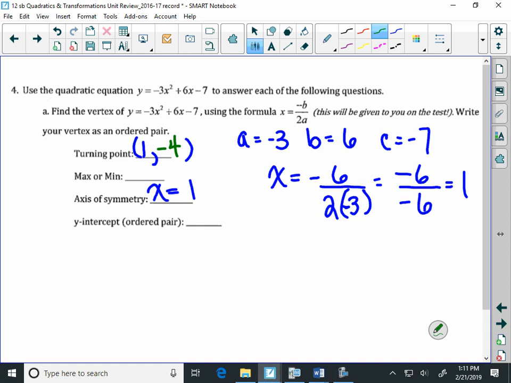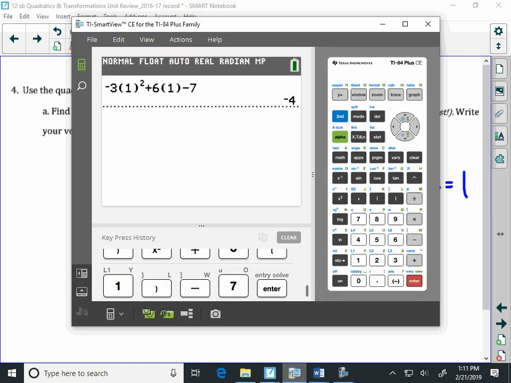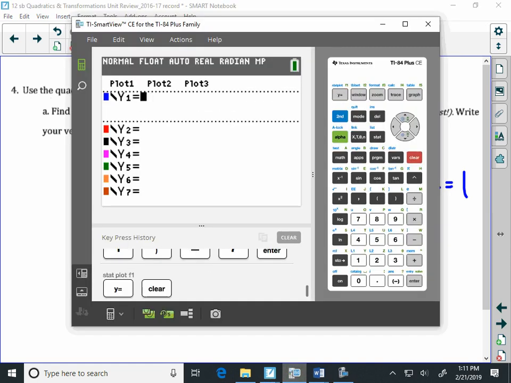Again, I don't know if it'll help or not, and actually I'm going to write it down before I type it into the calculator. But what we have is a equals negative 3, and when a equals a negative value, it means that that's going to be the maximum. Sometimes you can see it on your calculator, sometimes you can't, but we can type it in to check.